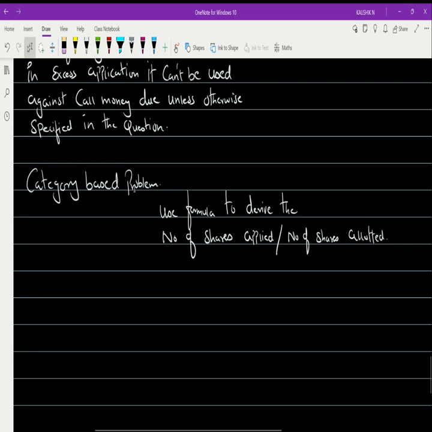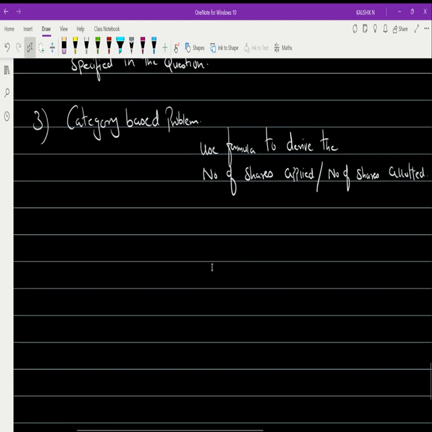I said here that in a category based problem, use a formula to derive the number of shares applied or allotted. Now, let me give you an example. You have two categories, category 1 and category 2.